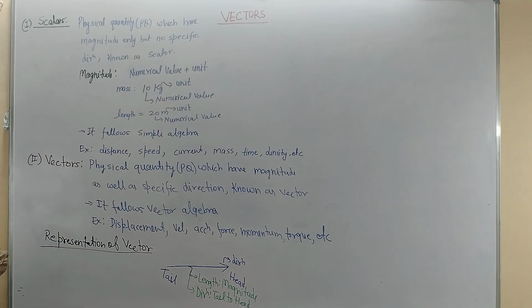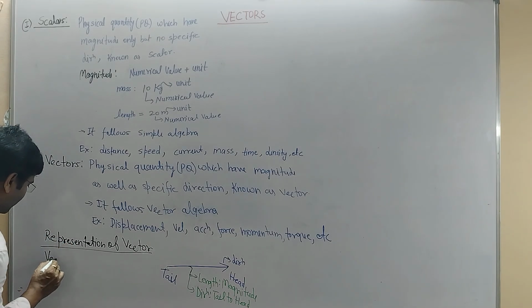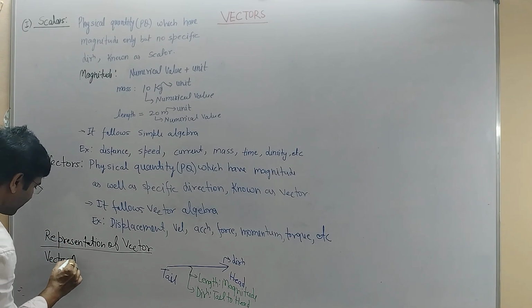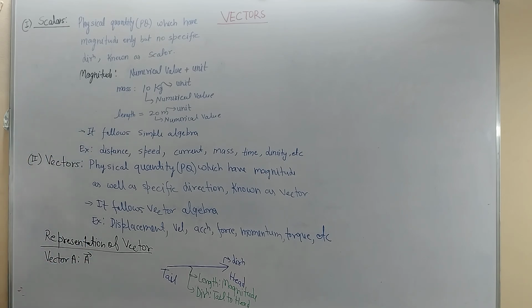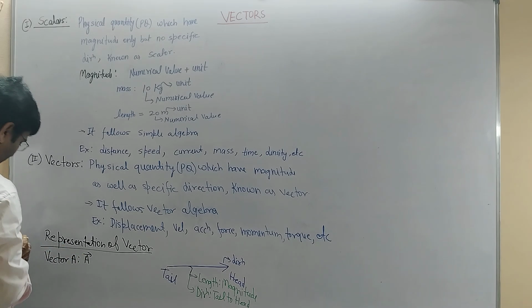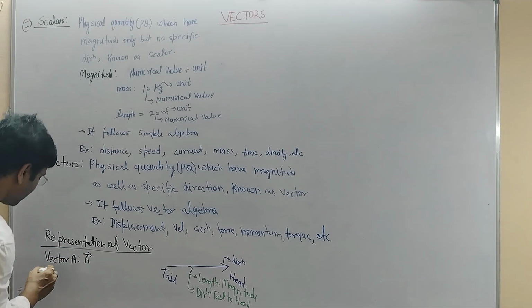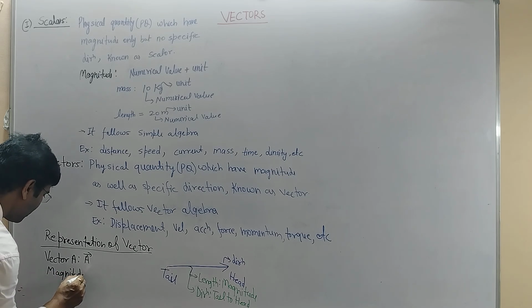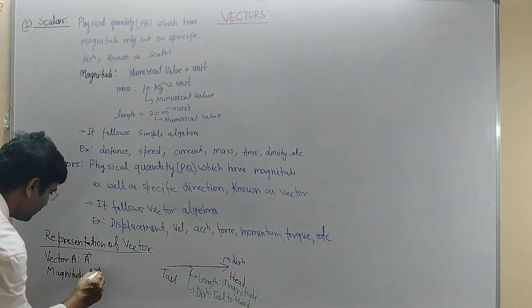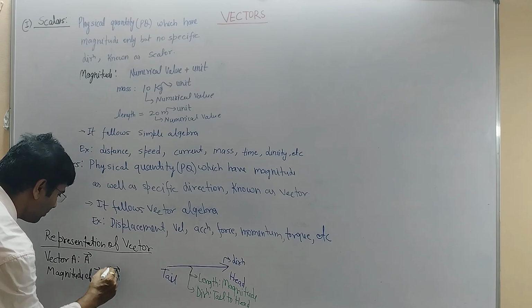Like if I'm saying vector A, I will represent it like this. Magnitude of vector A will be represented like magnitude.